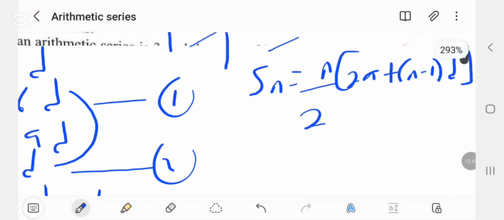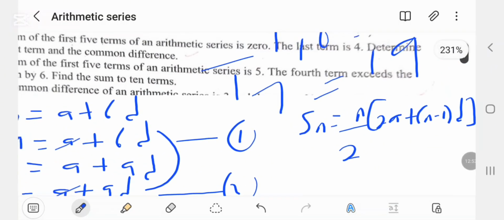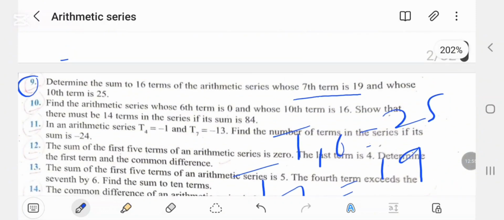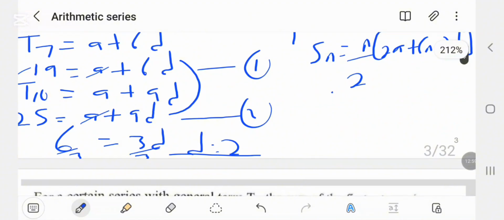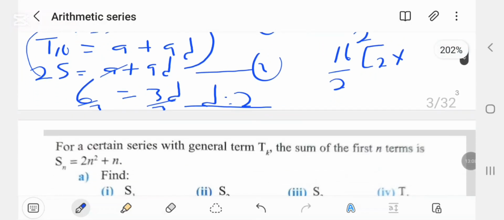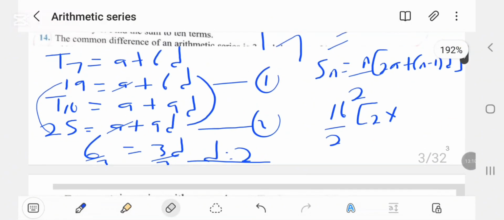The sum to 16 terms. 16 divided by 2, we have 2 times the first term. We still don't have the first term.